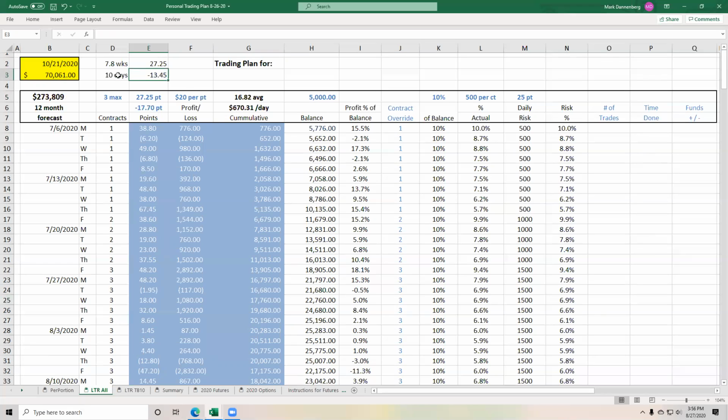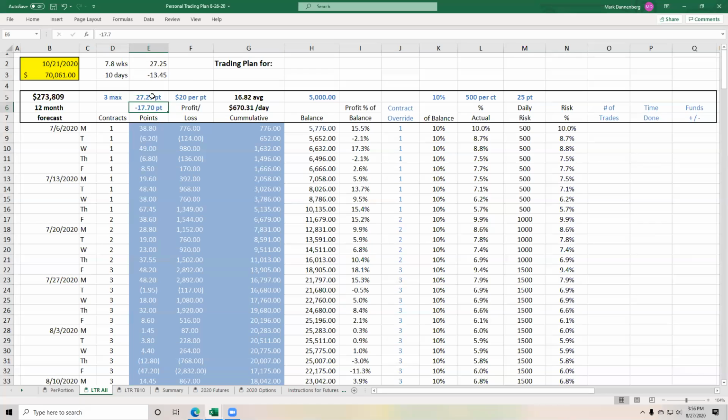However, we've lost 10 days in a matter of 7.8 weeks. So we are a little bit ahead of our plan in terms of losing days. And so I factored that into the equation, and I have a losing day plan of 17.7 points a day.